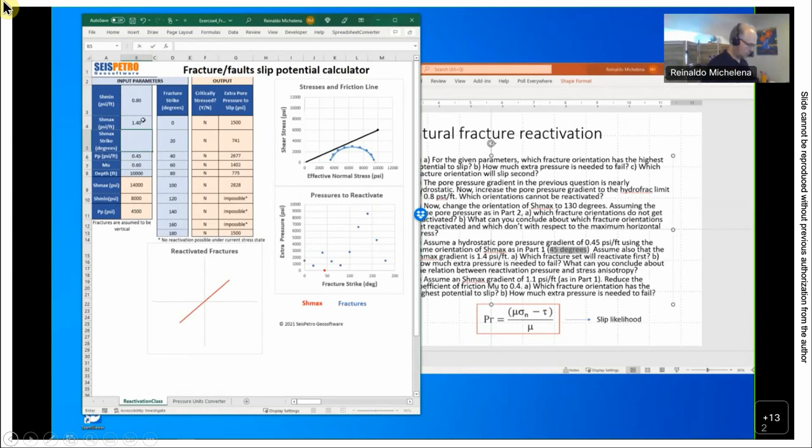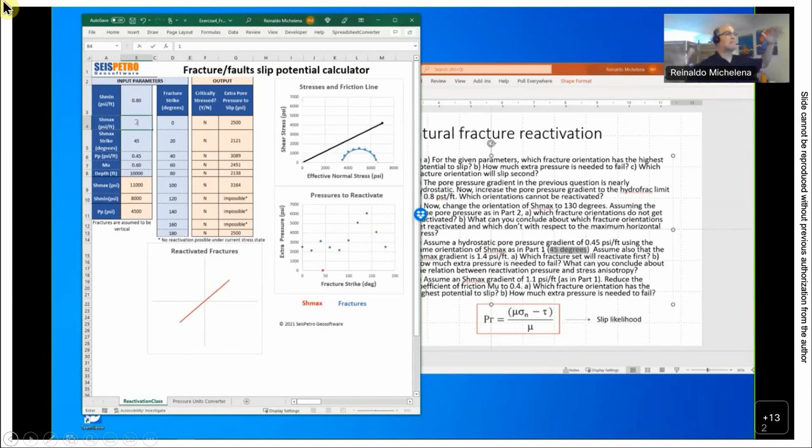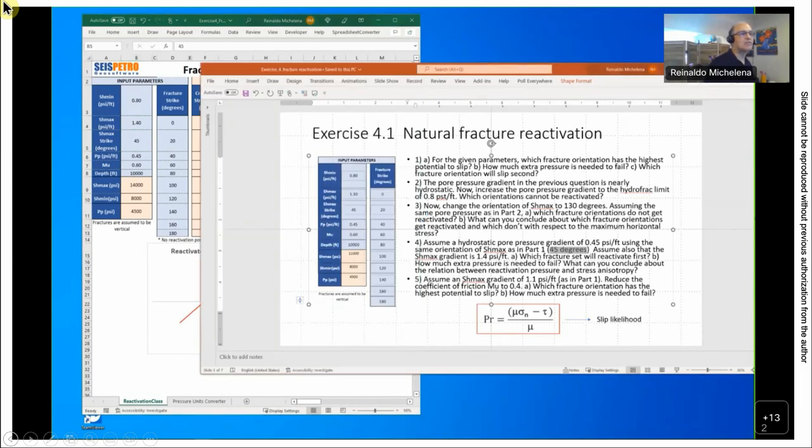Remember, it used to be 1.1, and this is how the Mohr circle looks with 1.1. But now we're going to increase the maximum horizontal stress to 1.4. So now it's a bigger Mohr circle, and this Mohr circle now will be closer to the friction line. Now it asks, which fracture set will reactivate first?